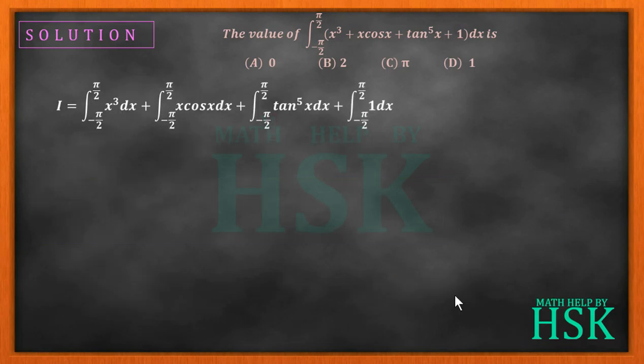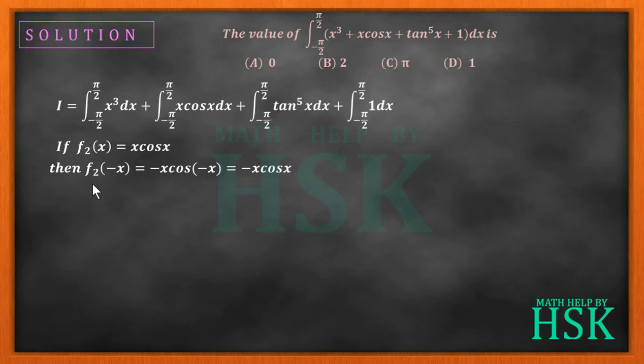Similarly, I take the second function and check whether it is even or odd. I assume f2(x) is equal to x cos x for the second definite integral. Now f2 of minus x is equal to minus x cos of minus x.